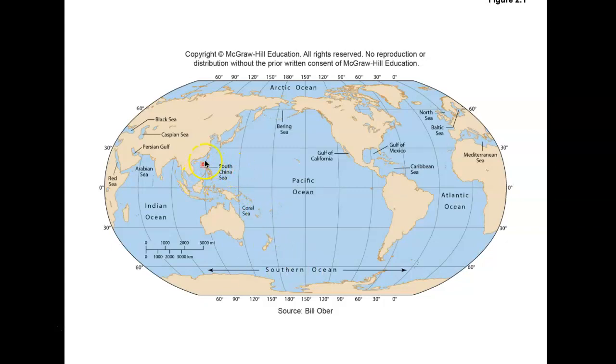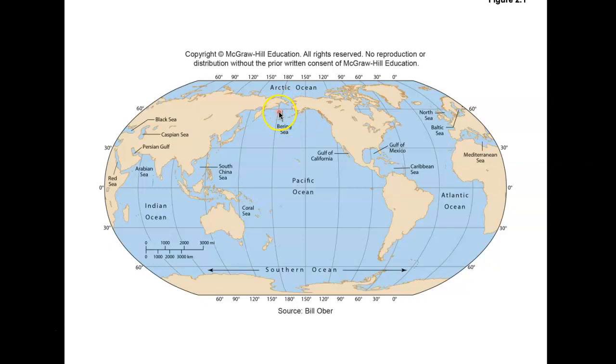I wanted to talk a little bit about seas. Seas are basically part of the ocean. Up here, the Bering Sea is still considered part of the Pacific Ocean, but it's an area of the Pacific that's partially protected, in this case blocked off by the Aleutian Islands here.